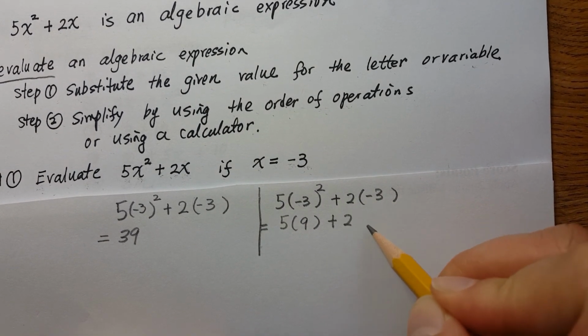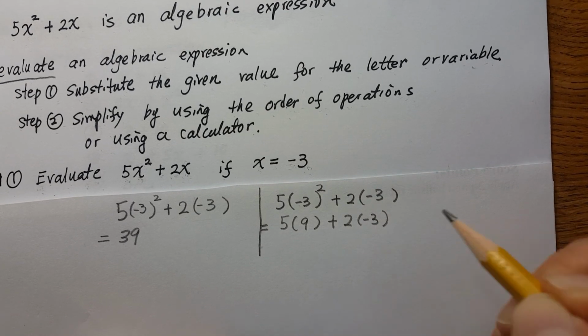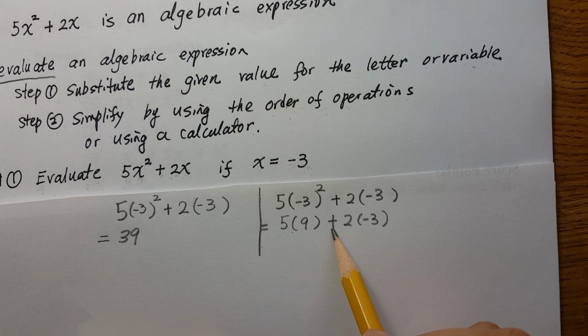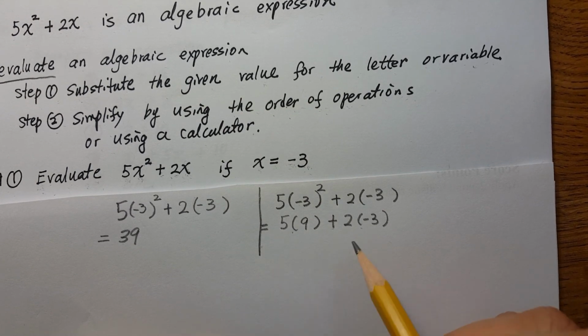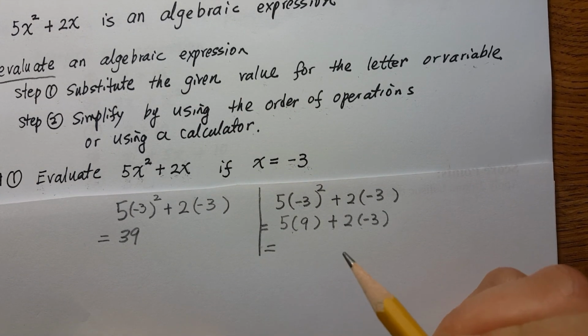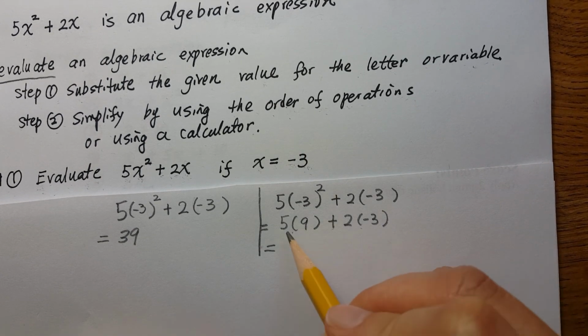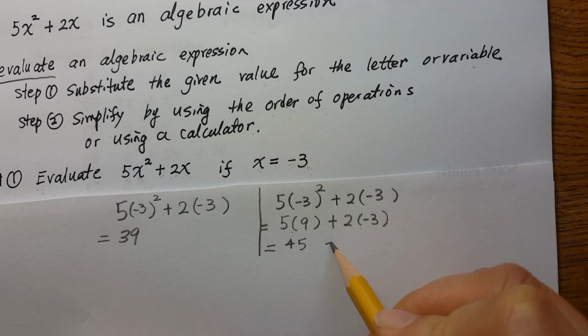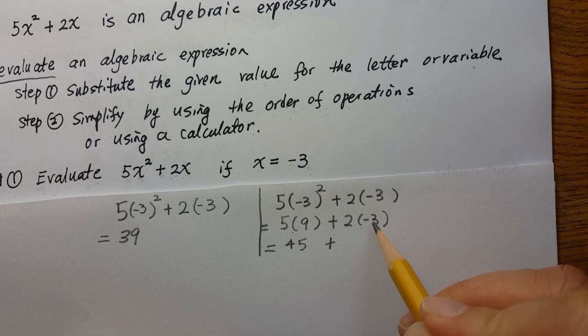Everything else stays the same. So after we took care of the exponent, we had multiplication, addition, multiplication. We do multiplication first. Multiplication comes before addition. So we do 5 times 9, and then 2 times -3.